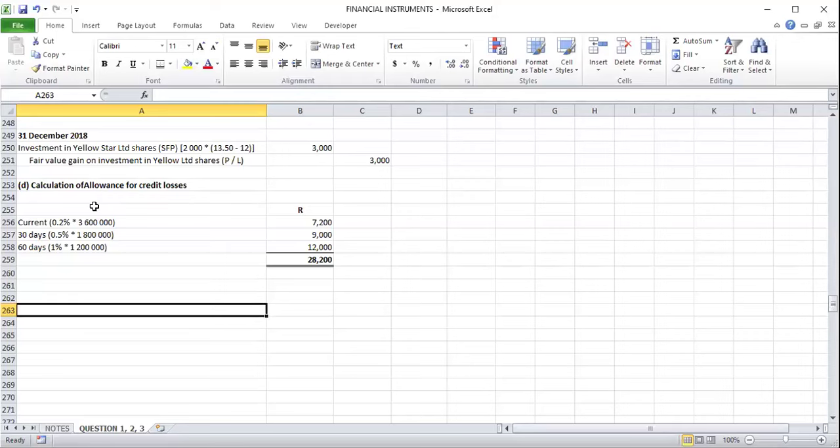For example, if you buy debentures which are compulsorily convertible to shares, they cannot be classified at amortized cost. It's just that for this module, they've never examined on such debentures. So for this module, debentures are usually at amortized cost. Then the shares are either fair value through profit or loss or fair value through other comprehensive income.